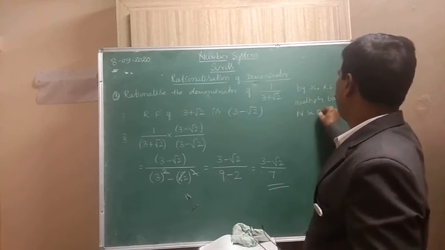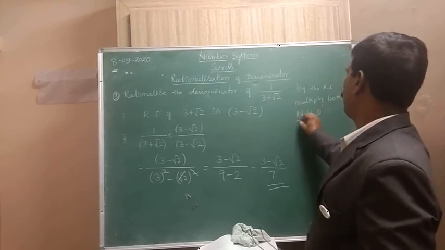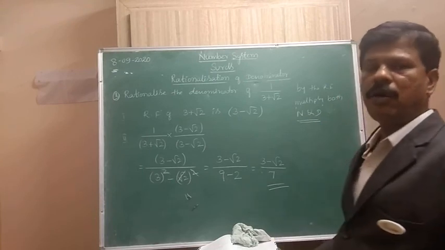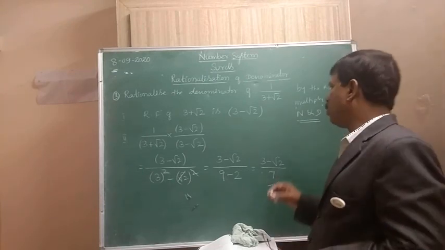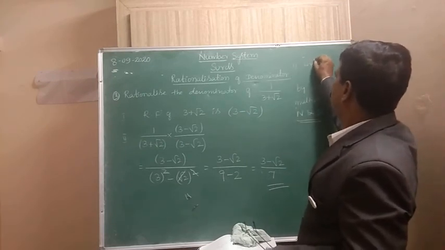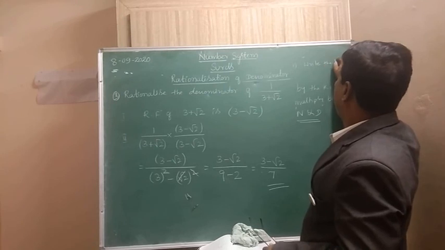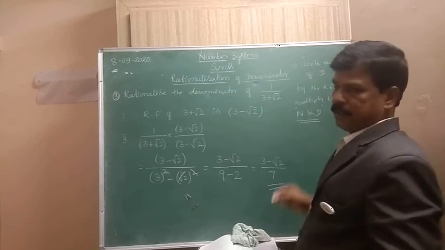Then multiply both the numerator and denominator by the RF. So first step is write the RF of the denominator.